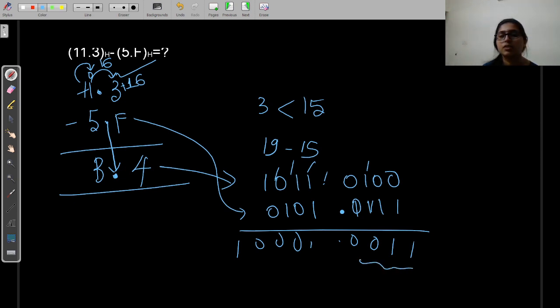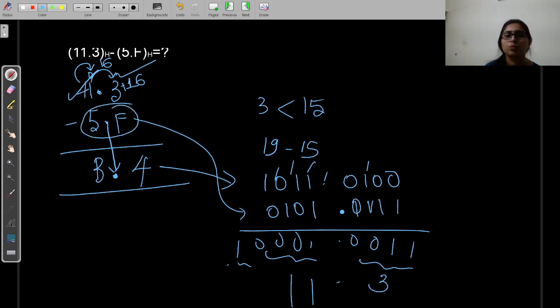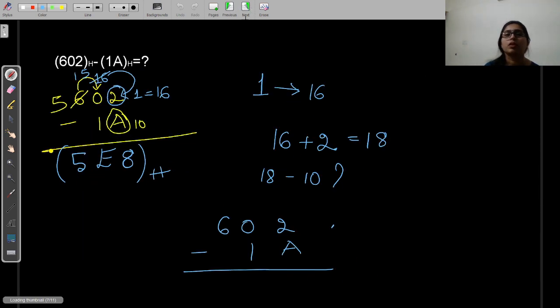Okay, so this is 3 point, this is 1, this is 1, right? So we have got 11.3, 11.3. So this is the verification. I added these two to check it using the binary system. So we got the answer. Okay, so this is the method that you are going to follow in the subtraction.